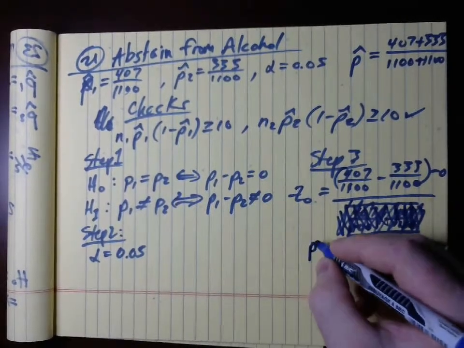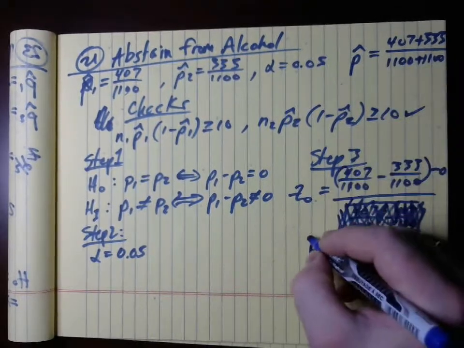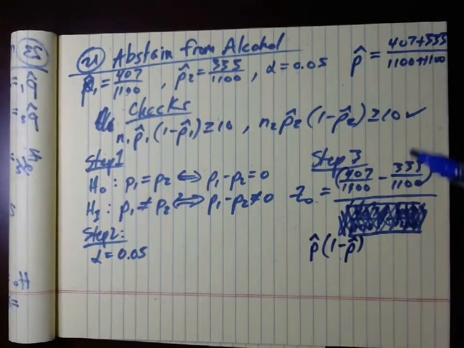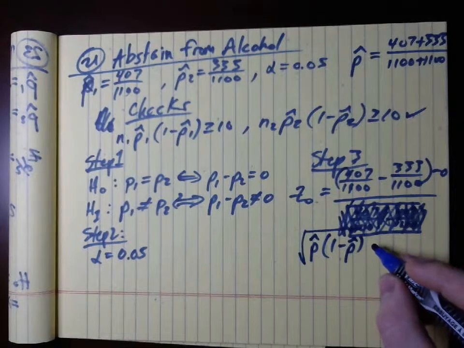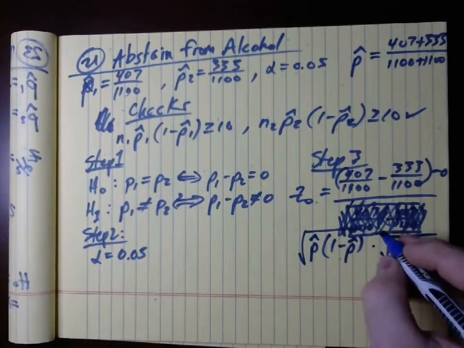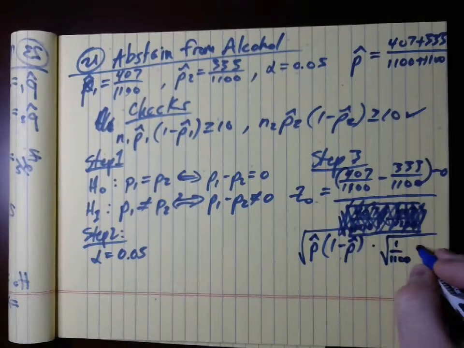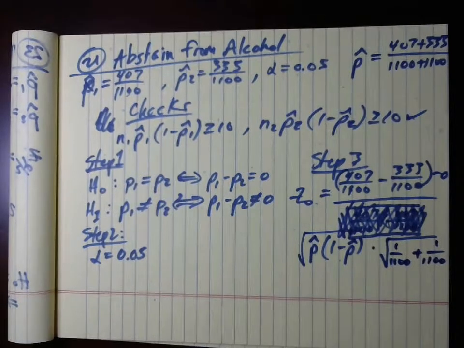p hat, which is this value right here, times 1 minus p hat, that fraction again, and that's the square root of that, times the square root of 1 over 1100 plus 1 over 1100. Okay?